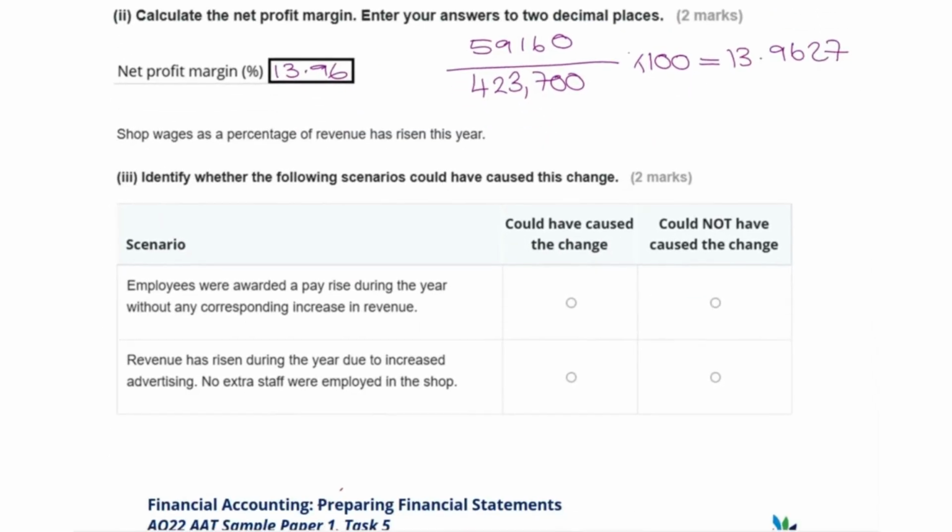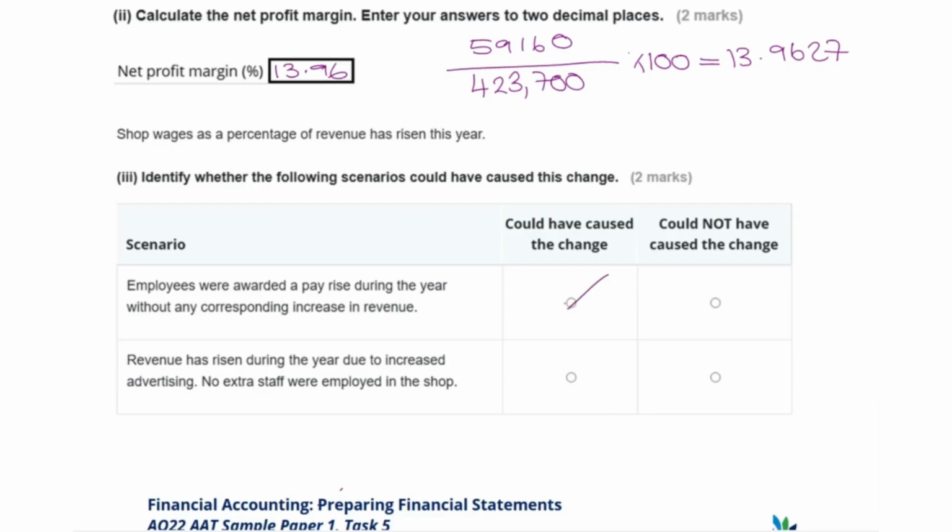Then we're told that shop wages as a percentage of revenue has risen this year, and we now need to identify whether the following scenarios could have caused the change. So employees were awarded a pay rise during the year without any corresponding increase in revenue. So if the wages have gone up, it means there's more expense to the business, but there hasn't been an increase in revenue, which means that the shop wages as a percentage of revenue will have increased.